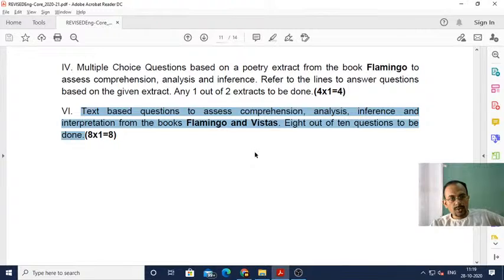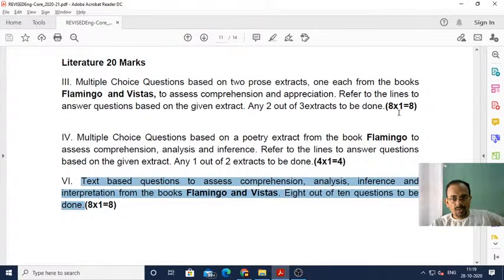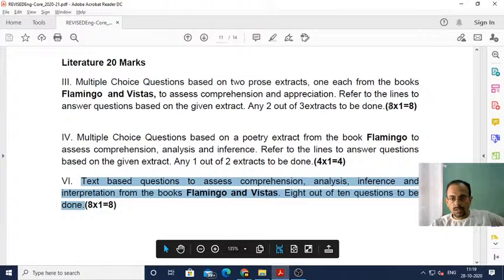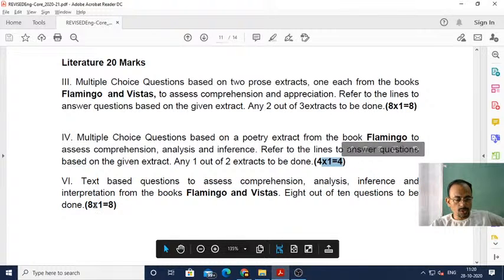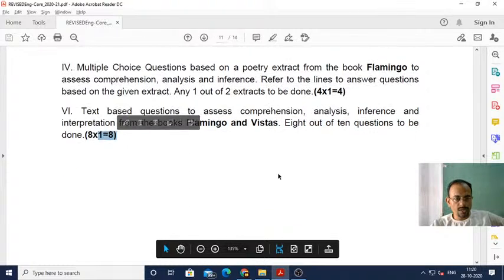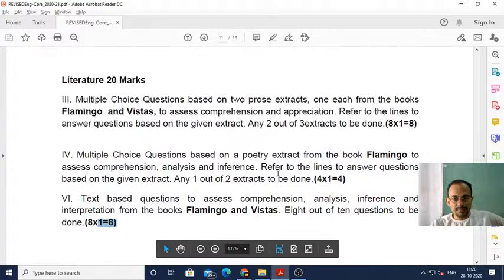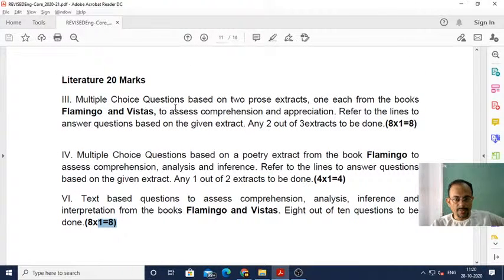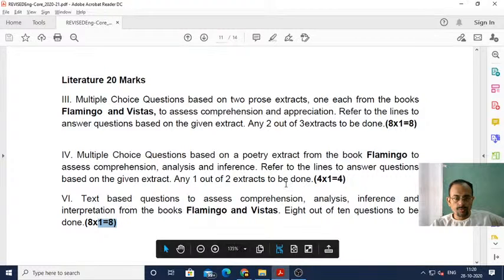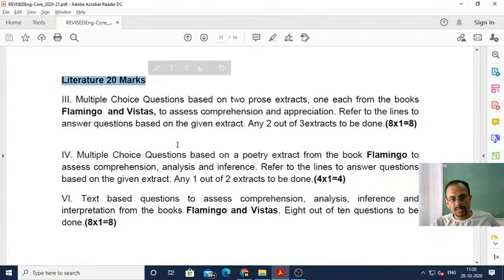So dear students, so far you've got 3 types of questions. 8 and 4 is 12, and 8 is 20 marks. So literature will carry only 20 marks, dear students.